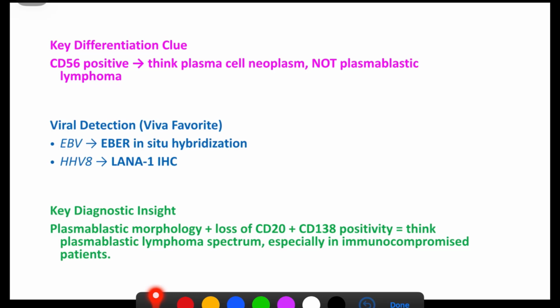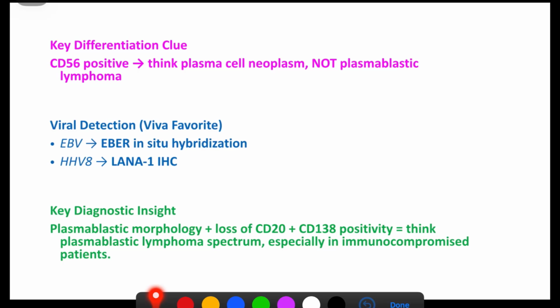Now what is the clue? So CD56, if positive, think plasma cell neoplasm, but if it is negative, it is plasmablastic lymphoma. And viral detection, if EBV positive and HHV8, we have to go for plasmablastic lymphoma.